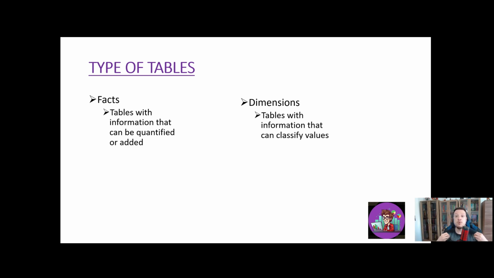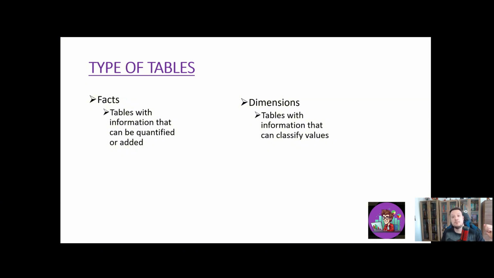They can be quantified. On the other hand, dimensions are tables with information that we can use to classify the values. A client table will have all the information of the clients, so sales by client.